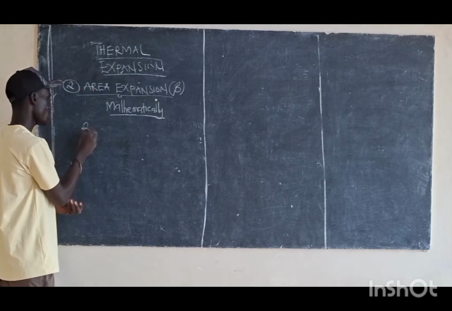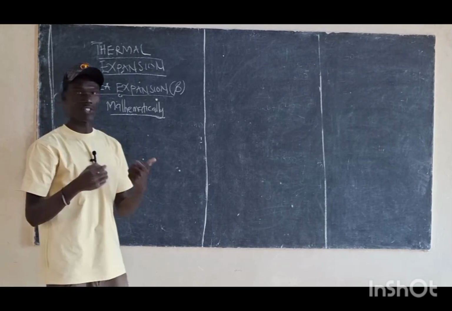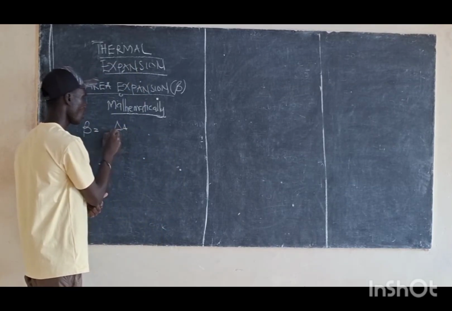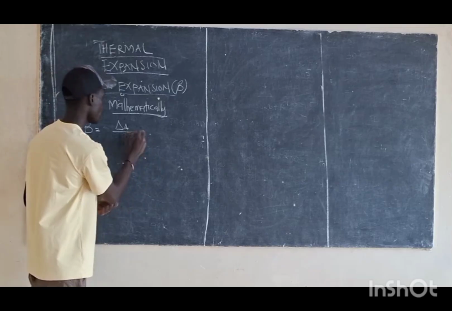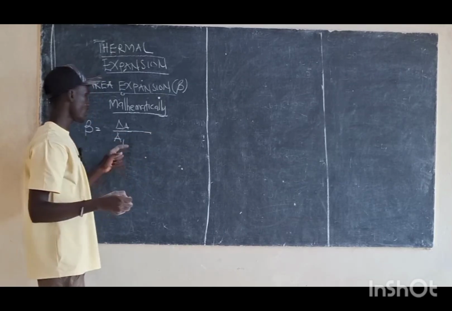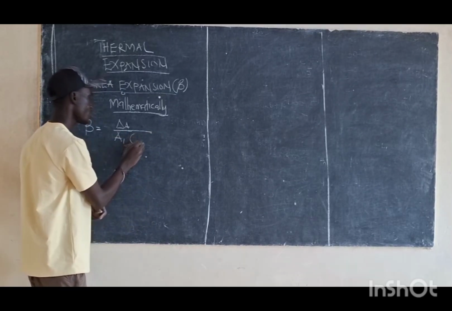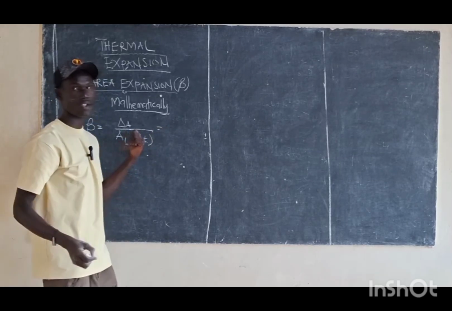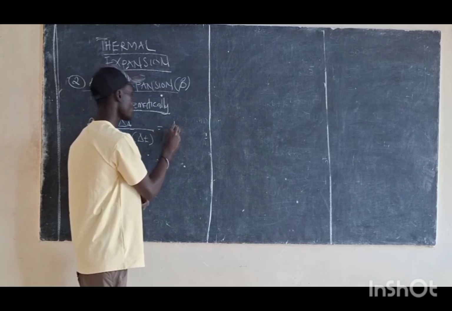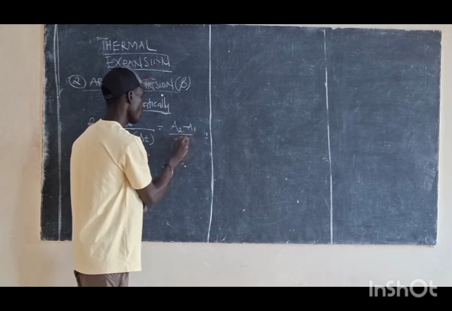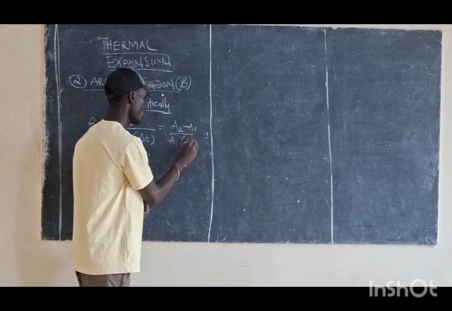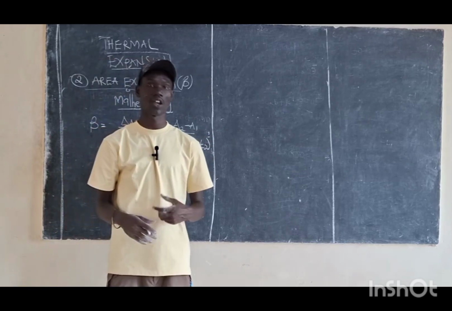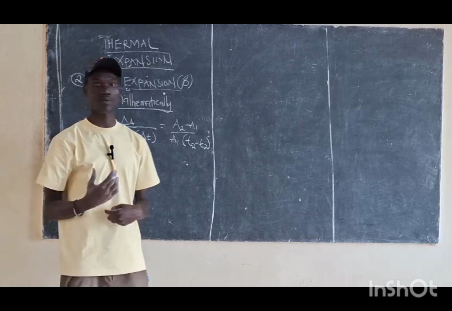We say beta is equal to the change in area, written as delta A, all over the original area, which is A1, the initial area, times the change in temperature, written as delta T. You can also break this equation down: change in area is A2 minus A1, all over A1 times the bracket T2 minus T1. That is the formula for area expansion.